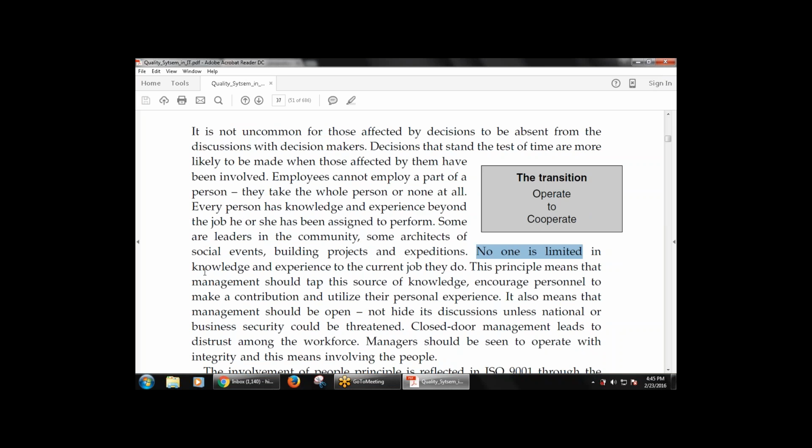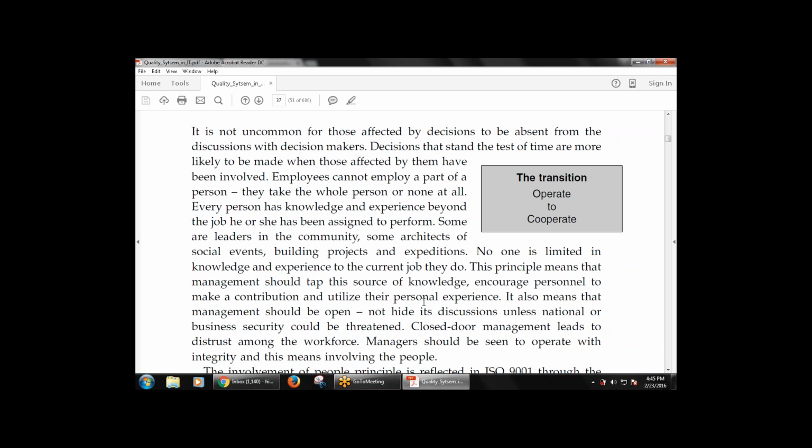No one is limited in knowledge and experience to the current job they do. For example, if I'm a teacher, my experience is of teaching only, and if you are working in a company on a database, your experience is in the database only.